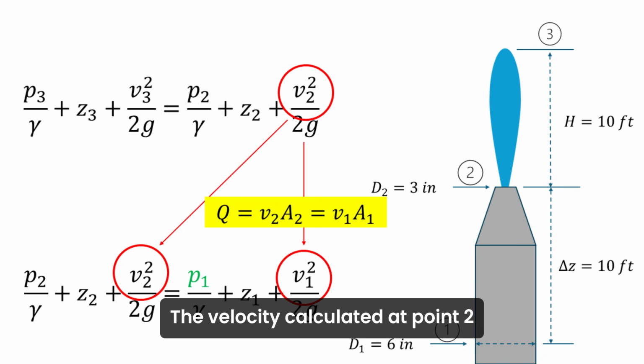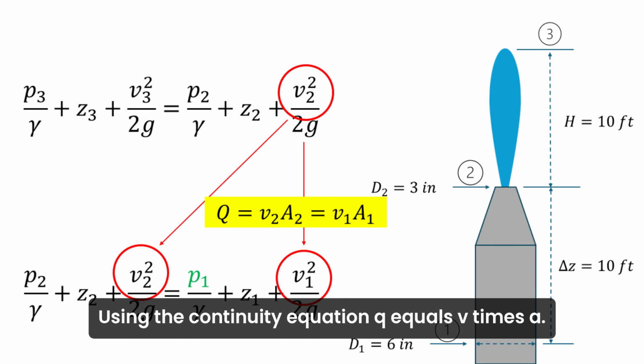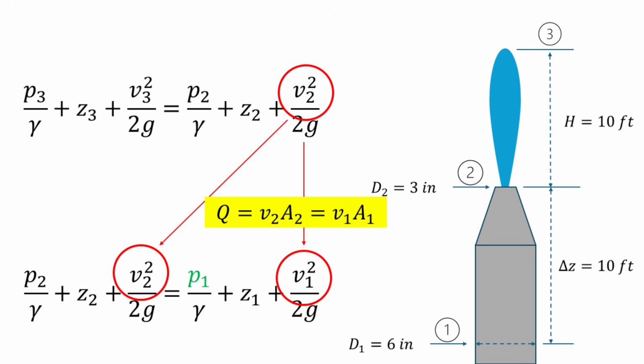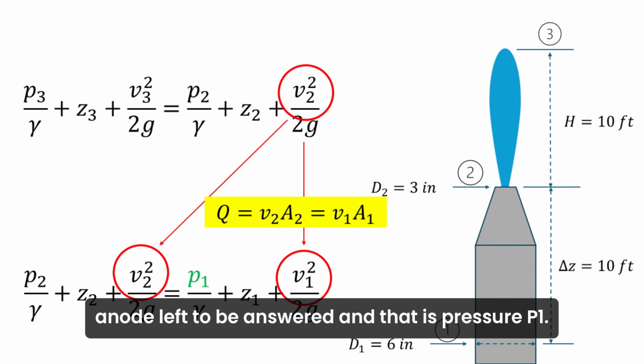The velocity calculated at point 2 can be used to determine the velocity at point 1 using the continuity equation Q equals V times A. And by doing this, we will have only one unknown left to be answered, and that is pressure P1.